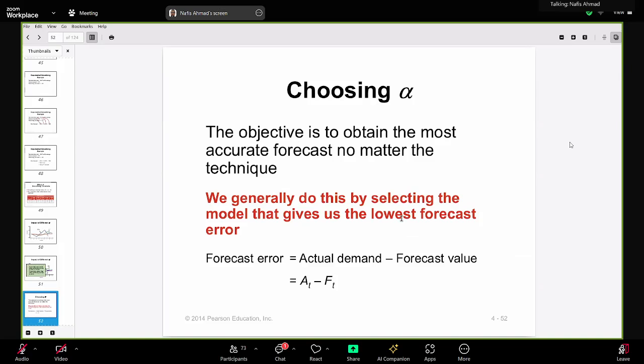To find the best technique, we have to calculate the forecasting errors and compare different techniques by using forecasting error. Forecasting error is actual minus forecasted value, that means At minus Ft.